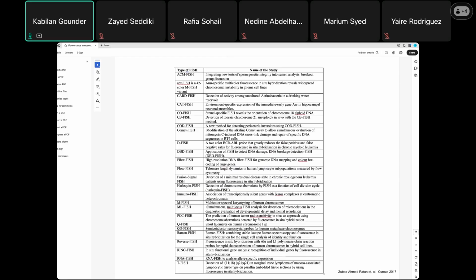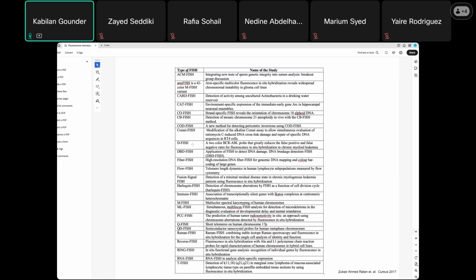Also, there are a lot of different techniques we use with the basic FISH technique. All related to the RNA FISH technique, and also reverse FISH technique, and importantly immunoFISH technique, that is association of transcriptionally silent genes with other genes.